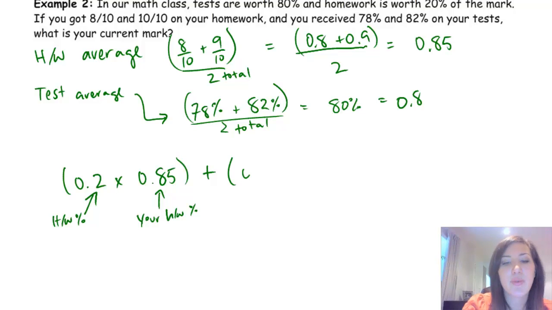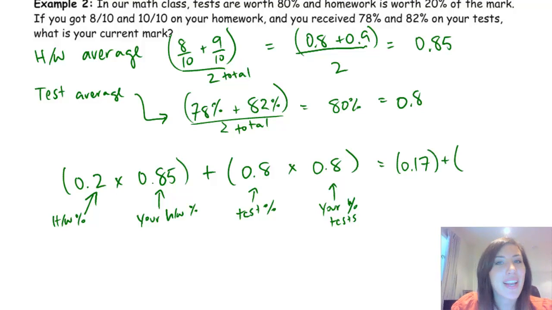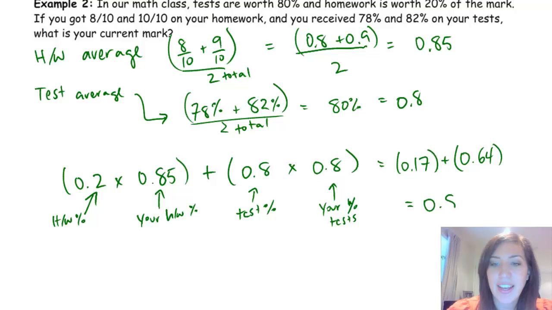Plus, tests are worth 80%, 0.8, times what you got on tests, 0.8. So 0.2 times 0.85 gives us 0.17, plus 0.8 times 0.8 gives us 0.64. So our total should be 0.81. Now to figure out what that is as a percent, we just multiply by 100, and that gives us 81% as your current mark.